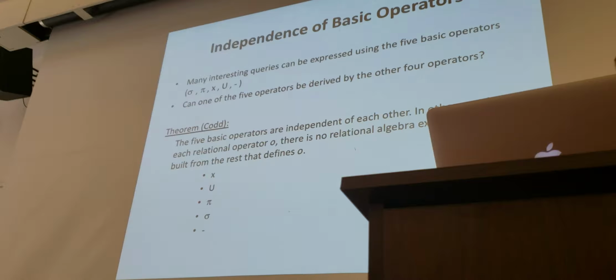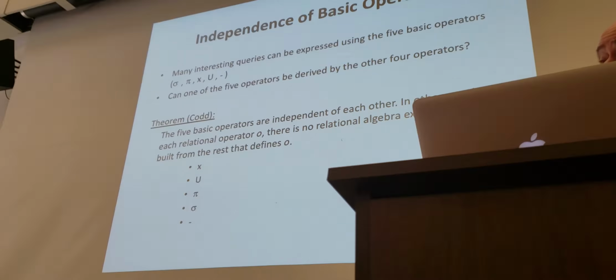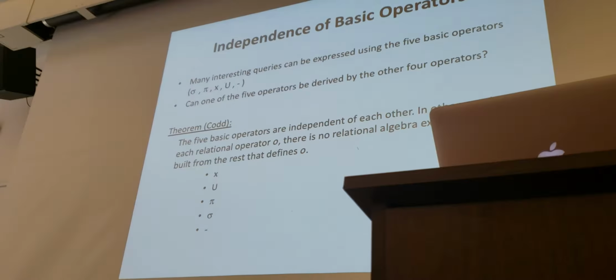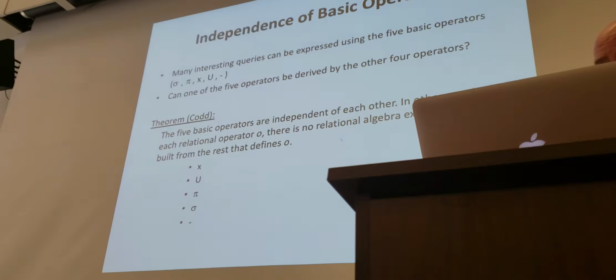Next, pi is the only operation that gets rid of columns. None of the others get rid of columns. So basically, you can't express pi using any of the others, okay? X. X is the only operator that increases the number of columns.